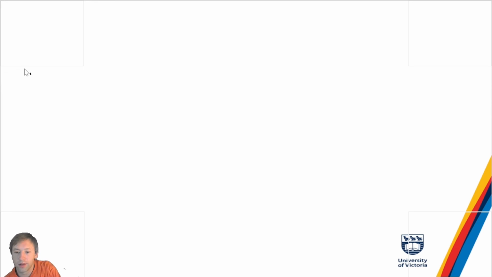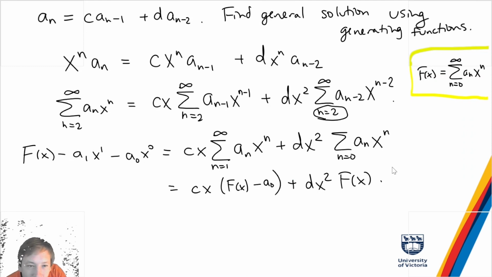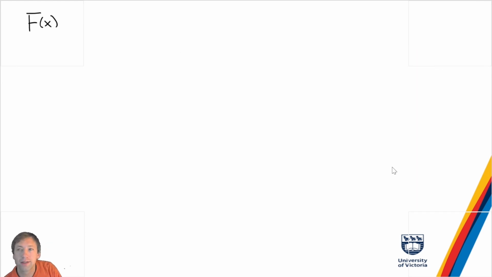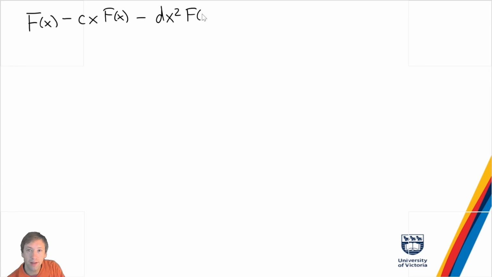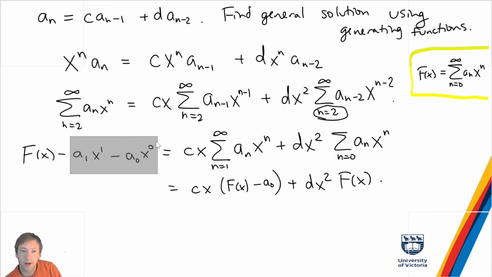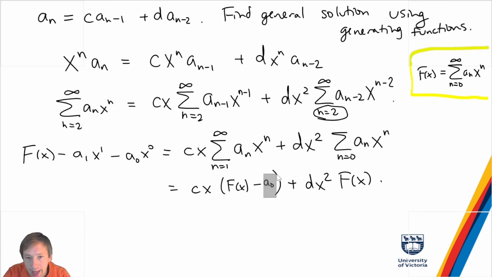Looking back, we have f of x minus cx f of x minus dx squared f of x, and that's equal to, moving this stuff to the other side, we're still going to have negative a0 cx.